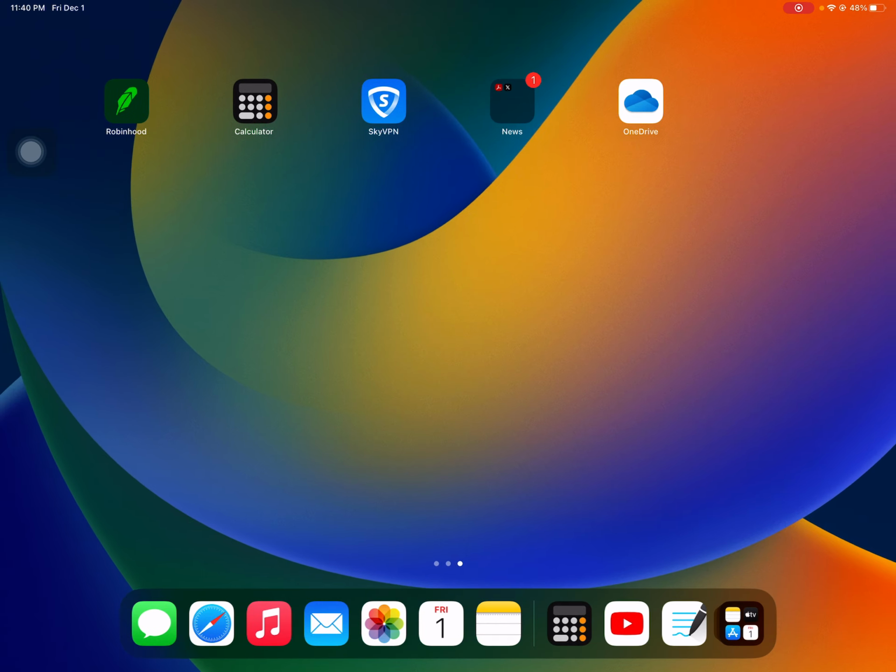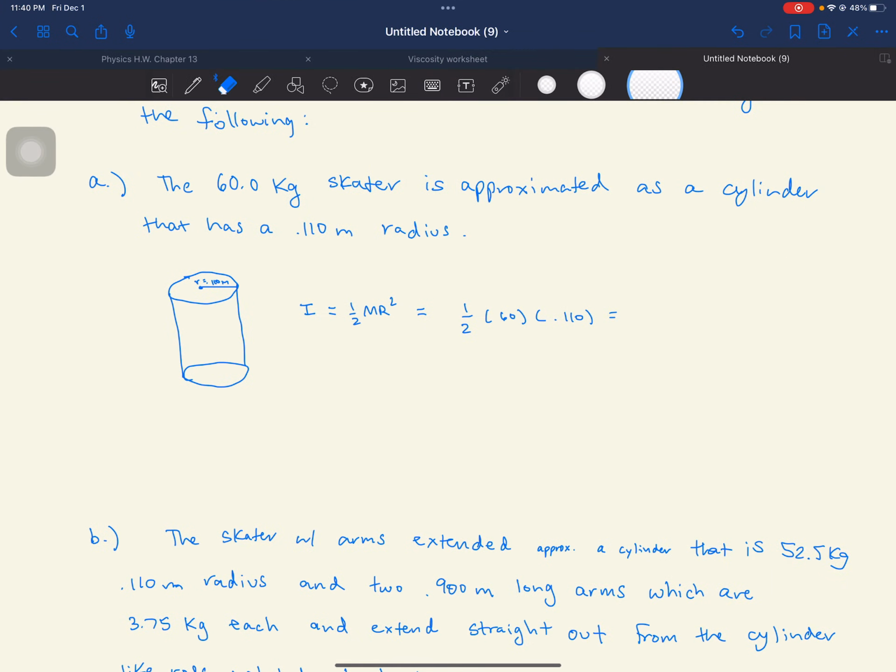Yep, 3.3. And the units are kilogram meters squared. So that would be the moment of inertia.